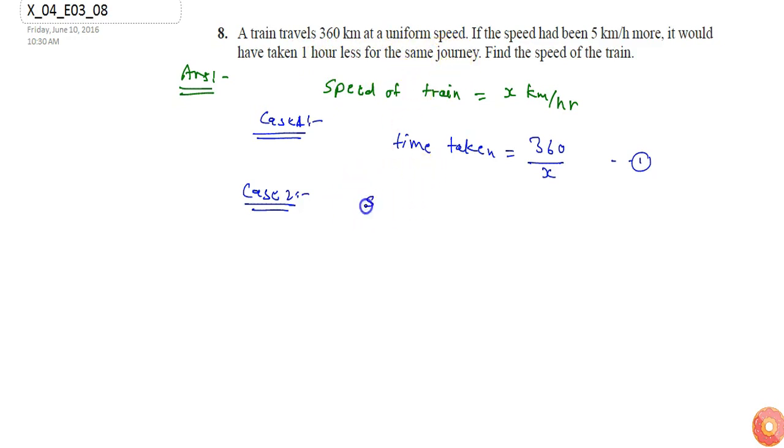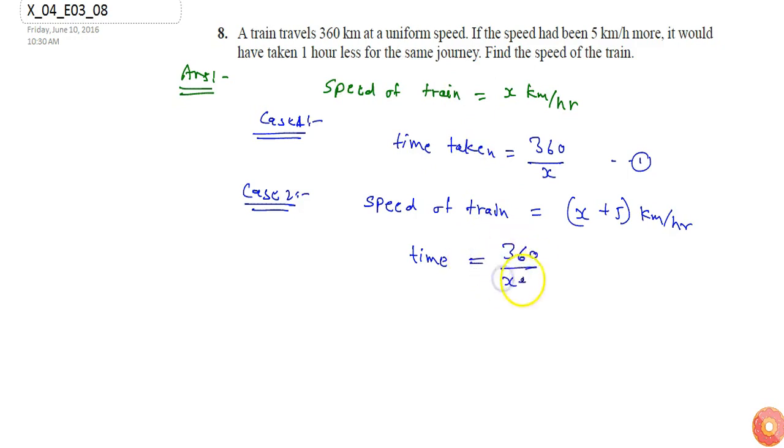So in case 2, when speed is 5 km per hour more, the speed of the train would be x plus 5 km per hour, and the time taken to travel the same journey would have been 360 by x plus 5.